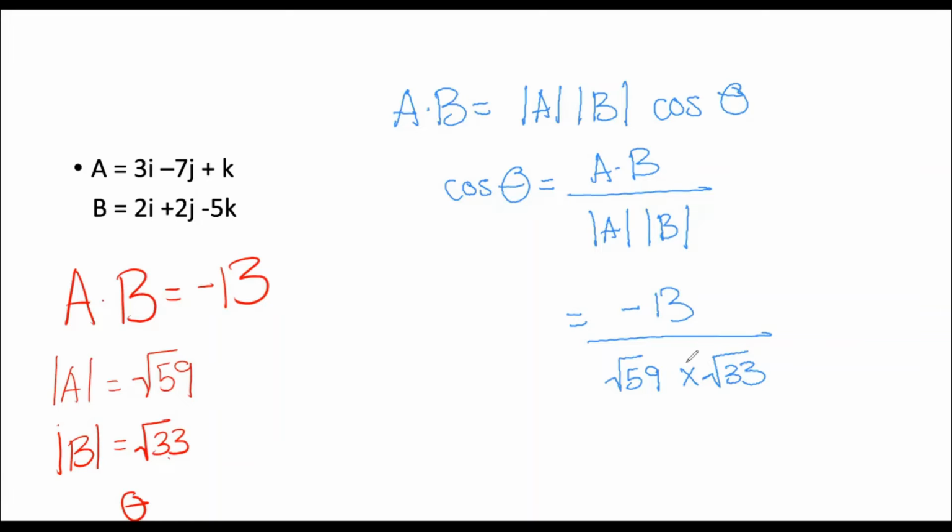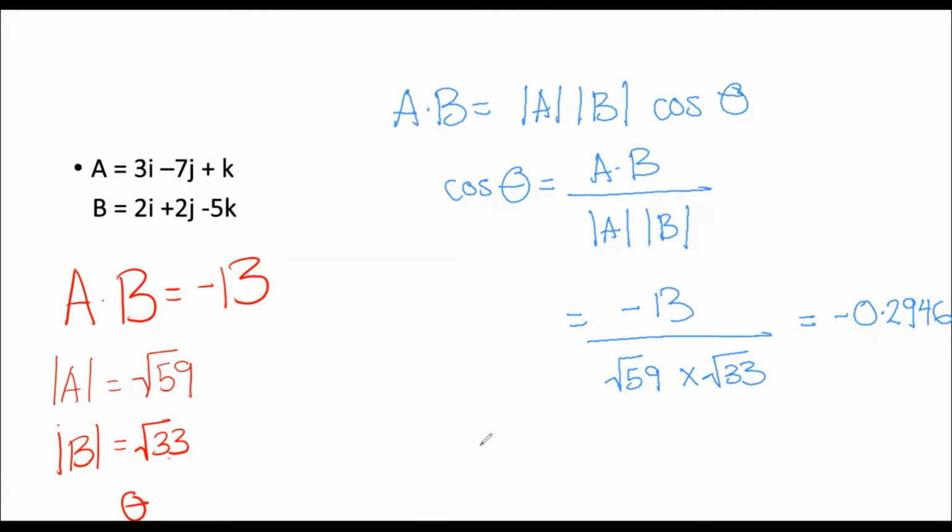This will give me 59 times 33. That will give me somewhere around minus 0. I'm just going to put in decimals first. Minus 0.2946. I'm just using 4 decimal places.